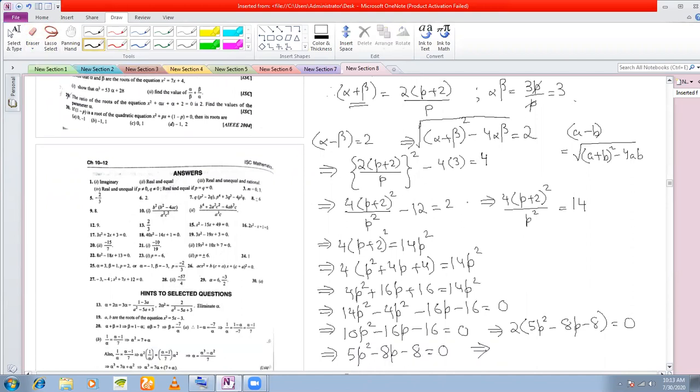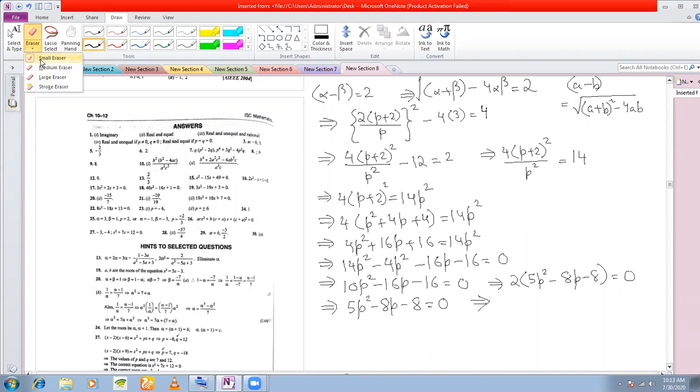And therefore, what else will change? This will remain 4. 4 plus 12 is 16. So this will be 4 and this will be 16, so this should be 16p square.